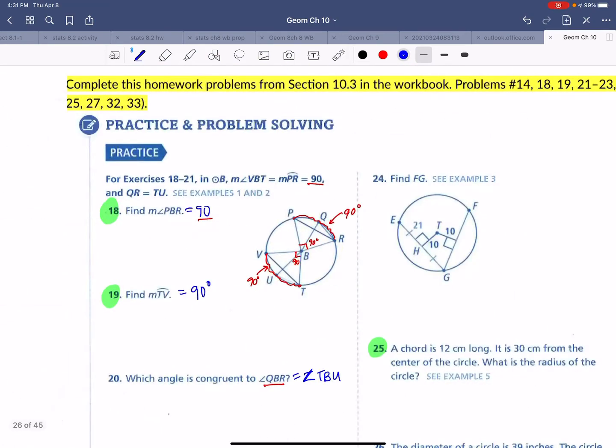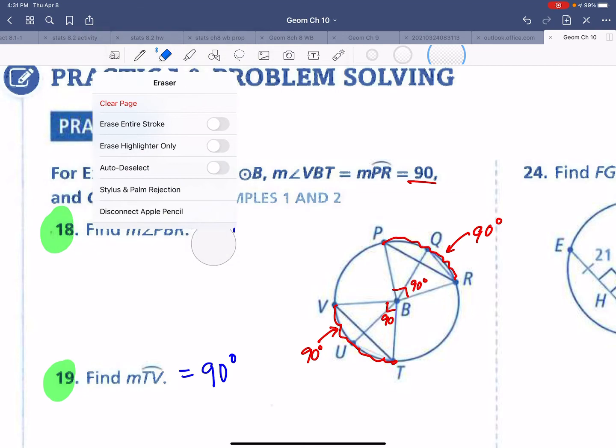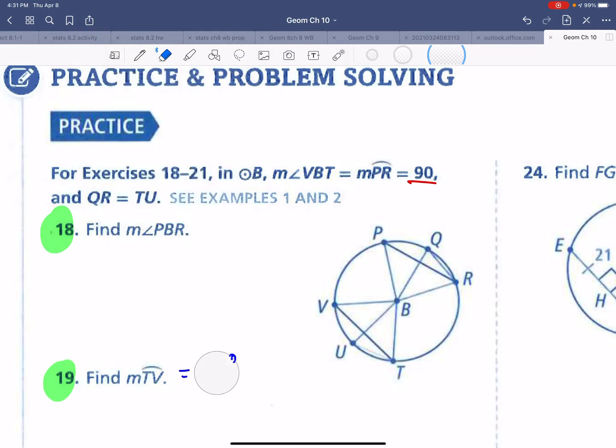Number 18. So some of the classes we did this. Let me walk back through my thinking here. So given PBR is 90, and arc PR is 90 degrees of arc.